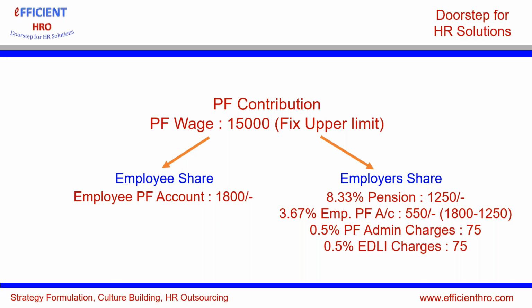And when it becomes a very big amount, the take home salary of all employees is adversely affected. That's the reason many organizations have shifted from the gross wage limit to the ceiling limit of 15,000.